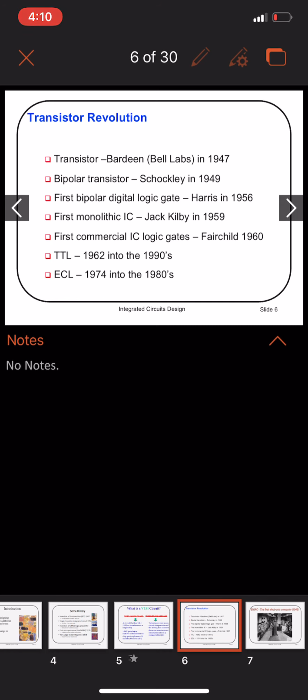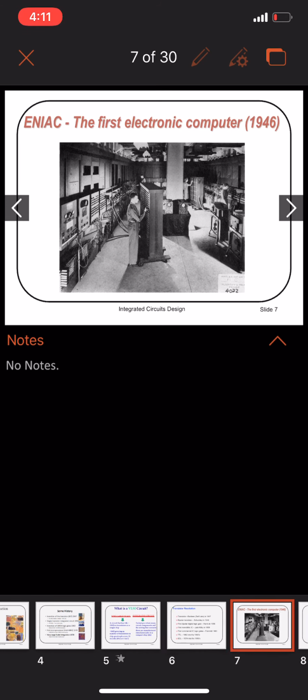The first bipolar digital logic gate was introduced by Harris in 1956. The first monolithic IC was introduced in 1959, and similarly the first commercial IC logic gate was introduced in the 1960s.